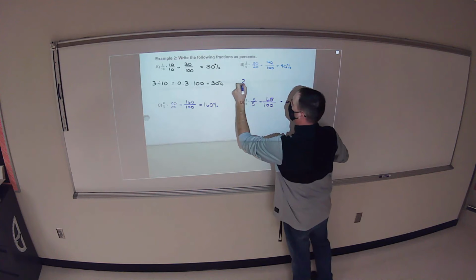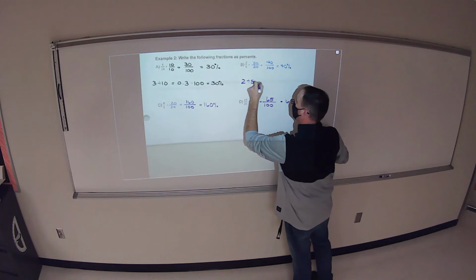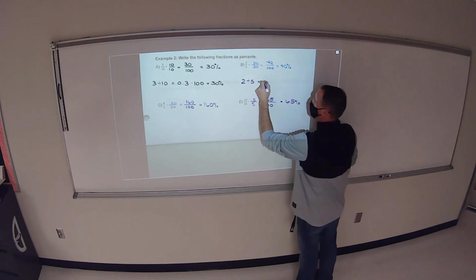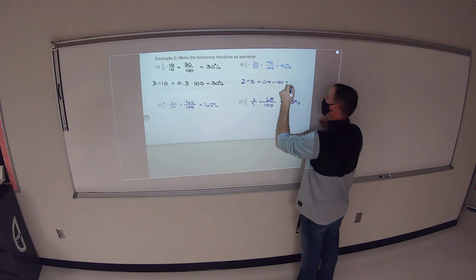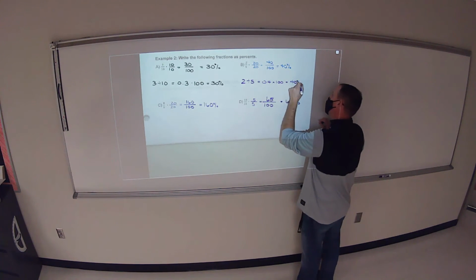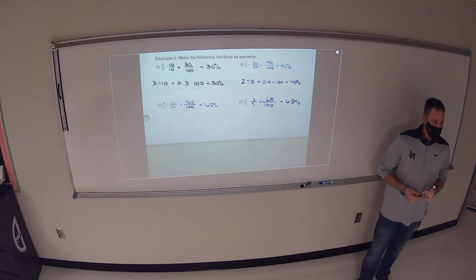Take 2 divided by 5. What do you get? 0.4. Multiply this by 100. What do you get? There's your percentage.